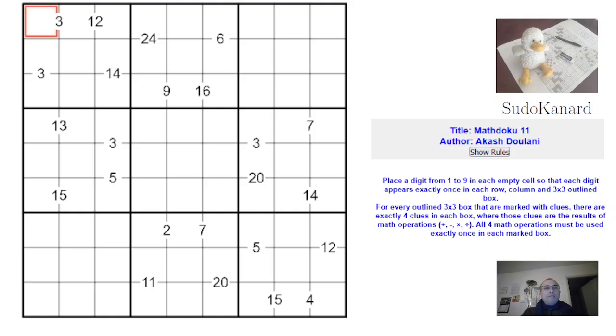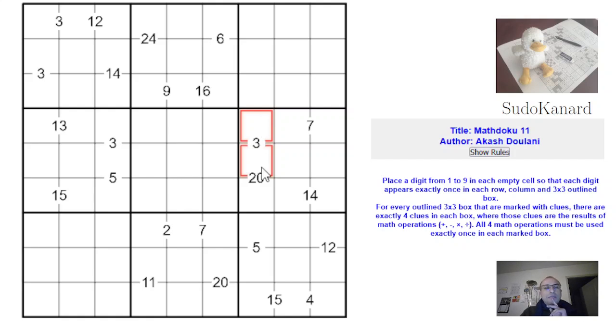So this is a variant where you have clues between two cells. Such a clue means that this number, like the 3 here, is the result of one of the 4 main operations applied to both digits in neighboring cells. So 3 could be the sum of those, the product of those, the quotient of those, or the subtraction, the difference between the digits.